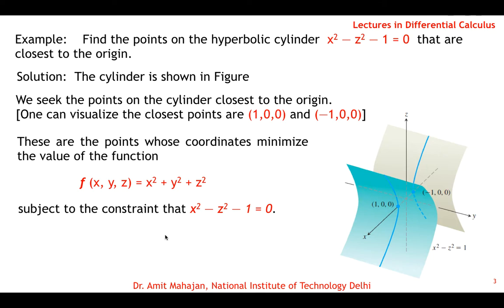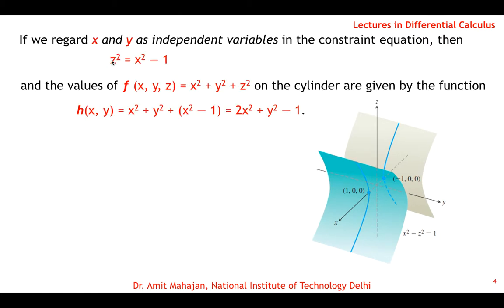So if I consider x and y to be the independent variables and z the dependent variable, I can substitute z square as x square minus 1, so it will be a function of two variables x and y. The function can be written as 2x square plus y square minus 1.